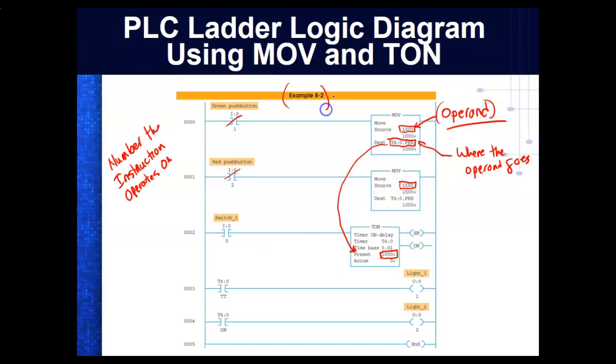This should be the figure in your book, by the way, if you want to look at it a lot closer than what I've got. This is in chapter 8, figure 8-2. So that operand, by the way, in PLC 2, take that class, we'll learn about different ways you can address an operand. This is called immediate, by the way.